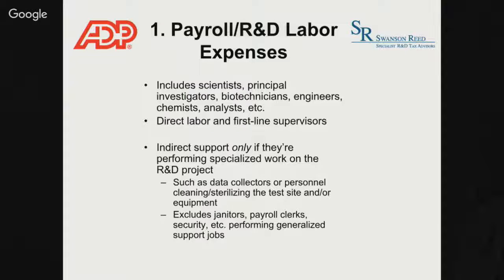That being said, here we would exclude general janitorial staff, payroll clerks, security, basically anyone who performs these general support jobs. And any payroll or R&D labor expenses claimed must have been for staff or personnel closely associated with the R&D project.